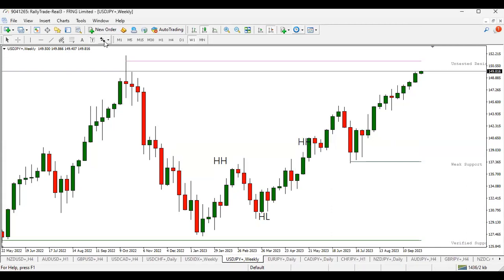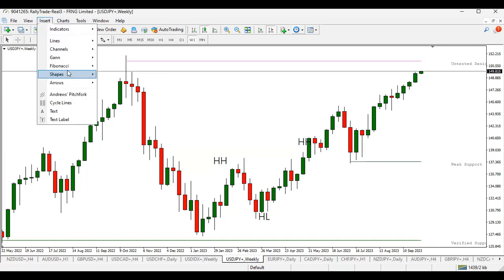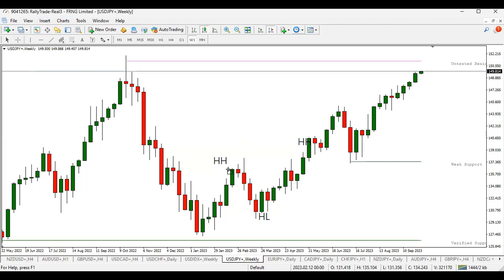Why did I name that place higher high? Because it is higher than the previous area. It is higher than this previous higher high. Immediately price went above it, it has created a new higher high. You see it?